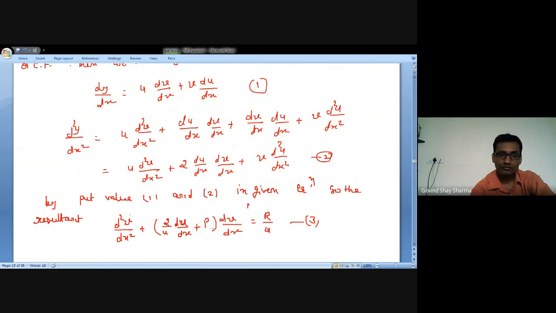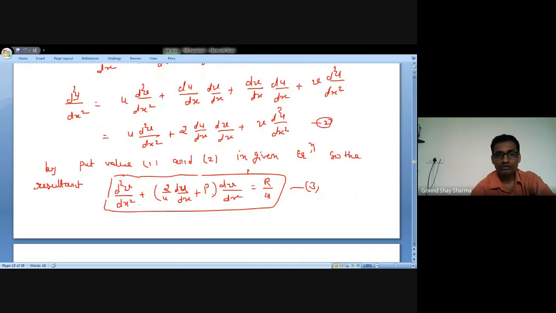This is what we get, this differential equation. And this differential equation has constant coefficients. Here 2 upon u du upon dx plus p is constant, so the term converts to the constant coefficient method. And for the constant coefficient method we know very well that we find the CF, and we find the result by this PI and CF.